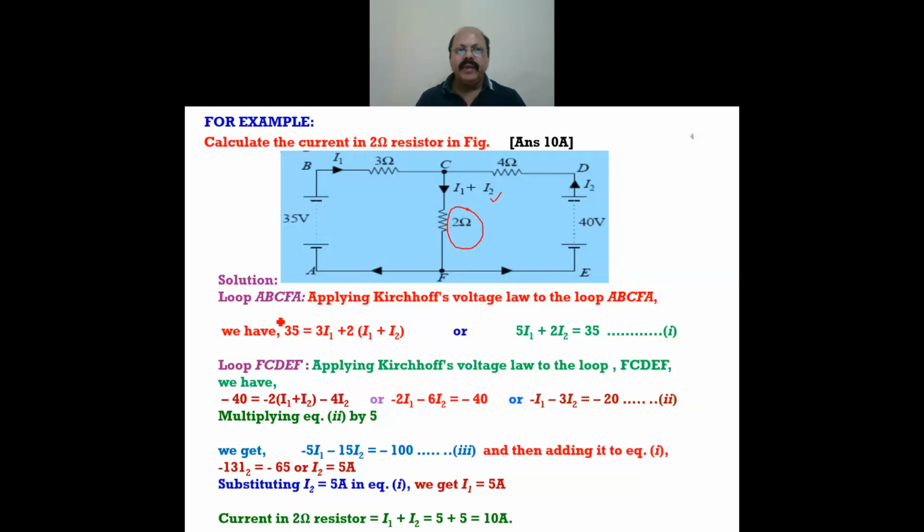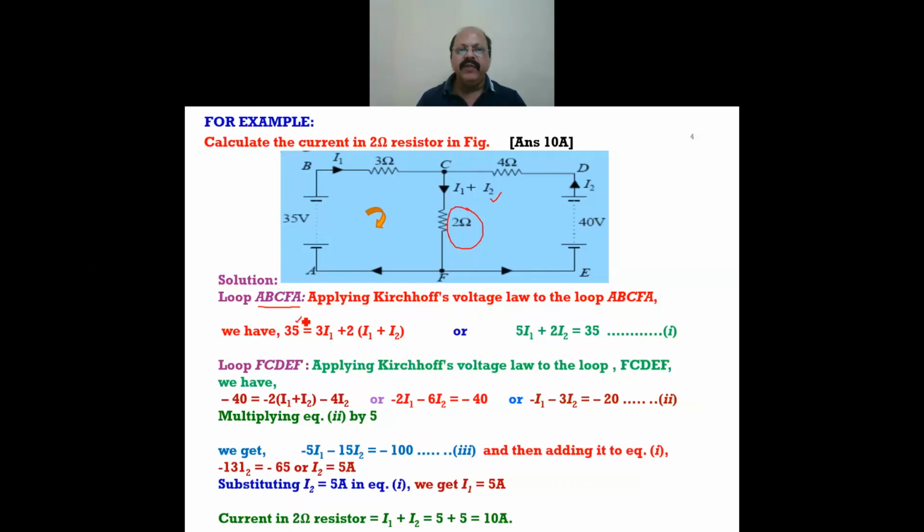Now we apply KVL in loop A, B, C, F, A. Now you apply Kirchhoff's voltage law, that is KVL. As I told you, here the direction of the loop is from lower potential to higher potential, so the EMF is positive.